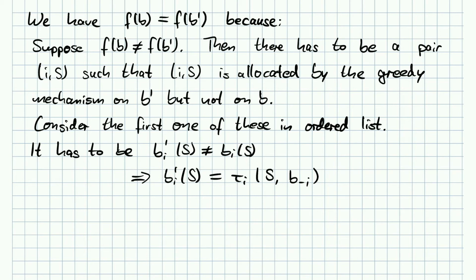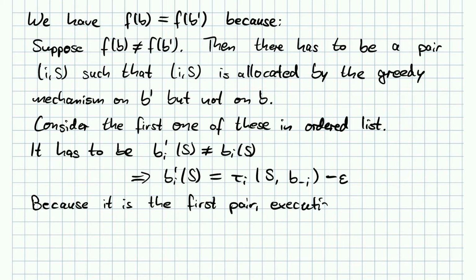But because this is the first pair, and this is minus epsilon, the execution so far was identical to the one on b.